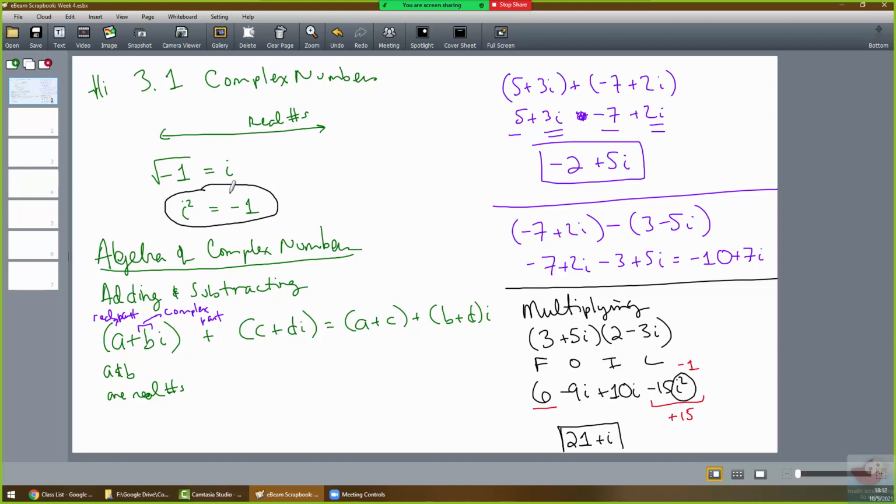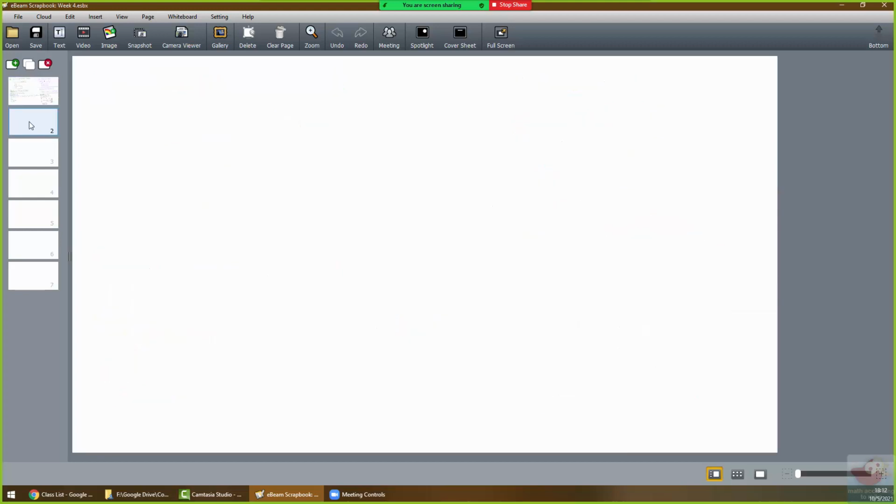Okay. Before we get into division, we have a couple comments to make. One, let's talk about simplification. This deals with multiplication as well, just in reverse. Remember, the square root of -1 is the same thing as i.